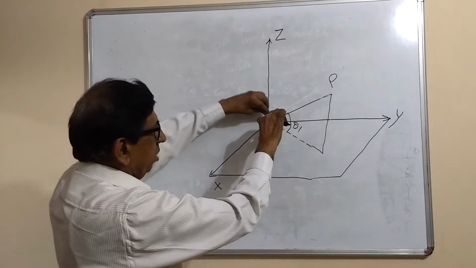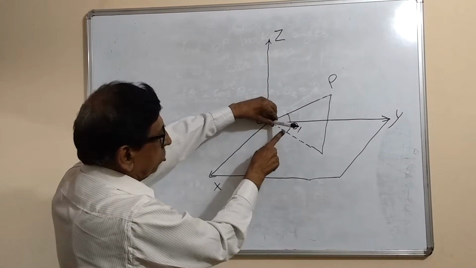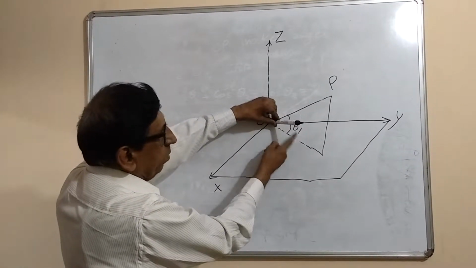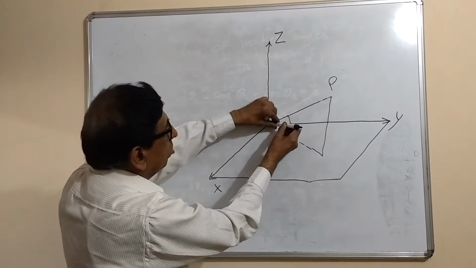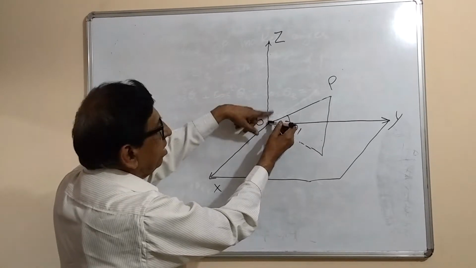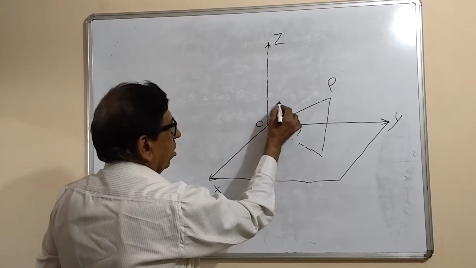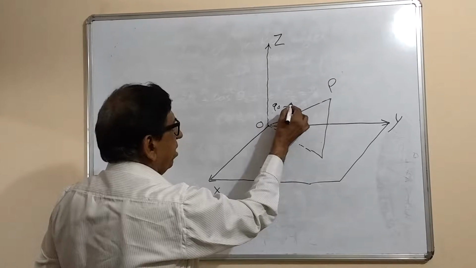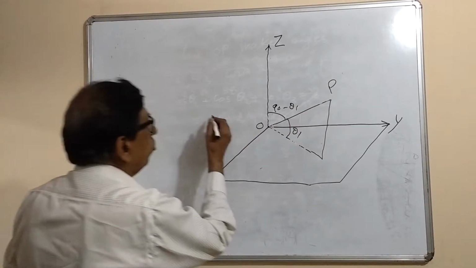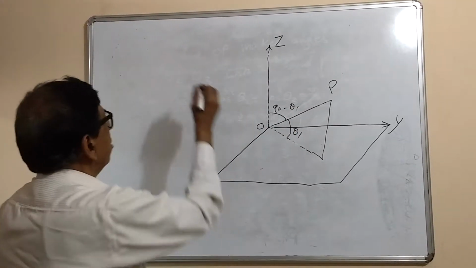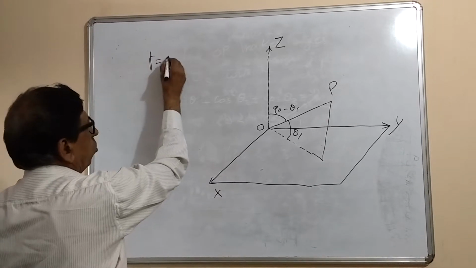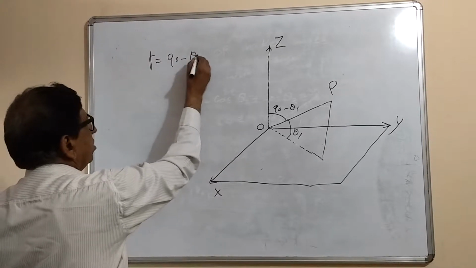Means the line is making angle theta 1 with xy plane. Therefore, its angle with z axis is 90 minus theta 1. Therefore, angle with z axis means gamma equal to 90 minus theta 1.